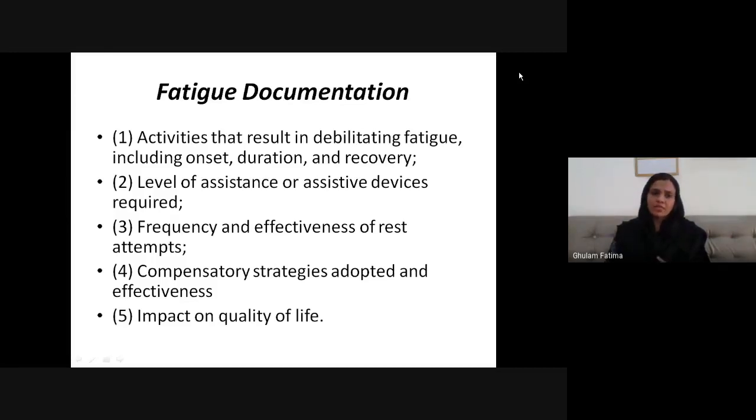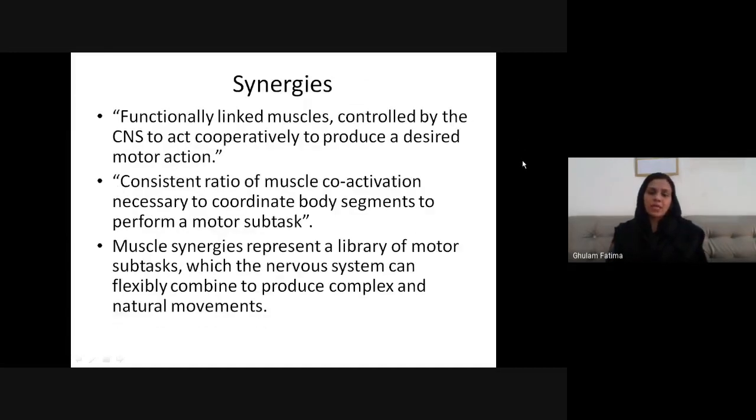And after starting that activity, at what point in time the patient feels the most fatigued, what is the duration of the activity, how much time it takes to recover from that fatigue, is there any assistance the patient needs to perform that activity, what is the effect of rest periods, is there any compensatory strategy adapted by the patient, and what is the impact on quality of life.